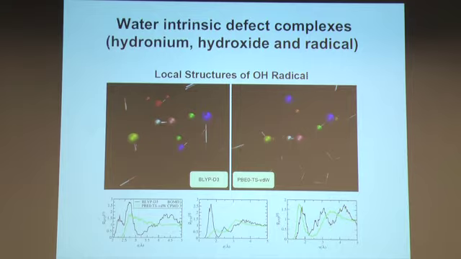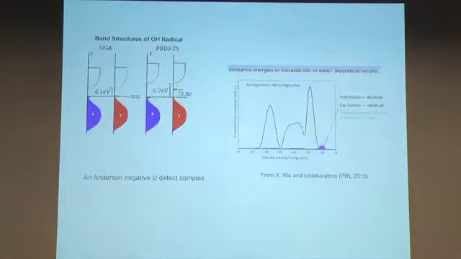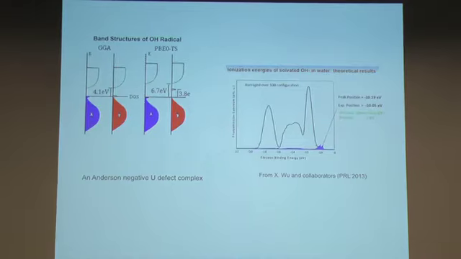And the nice thing is that the OH minus is stabilized more than the hydronium, so that the diffusivity, let's say, of the hydronium, which with GGA will be similar to that of the hydroxide, becomes actually larger than that of the hydroxide, again in agreement with the experiment. I want just to conclude. What happens is that the band structure of the OH radical is quite important.